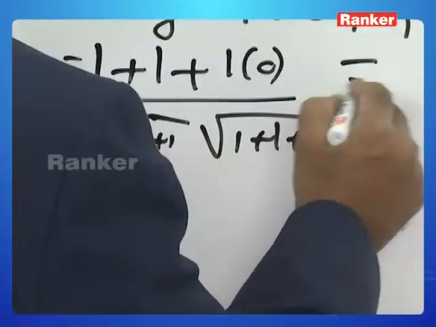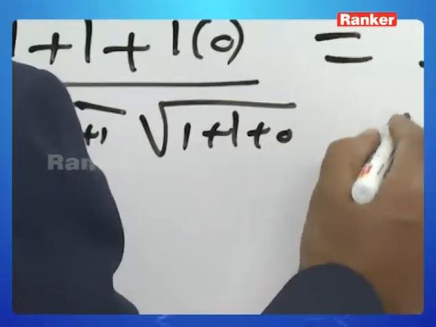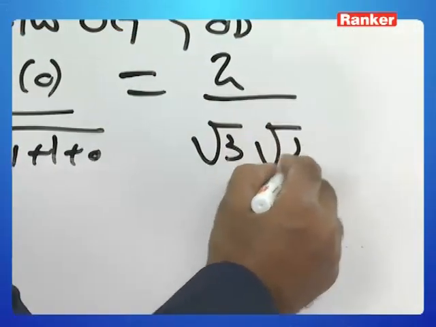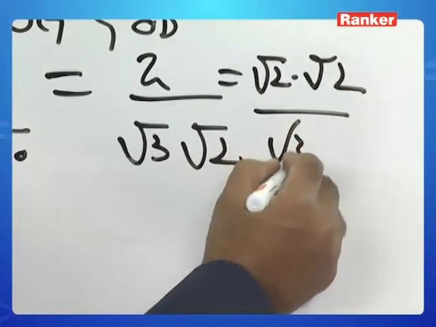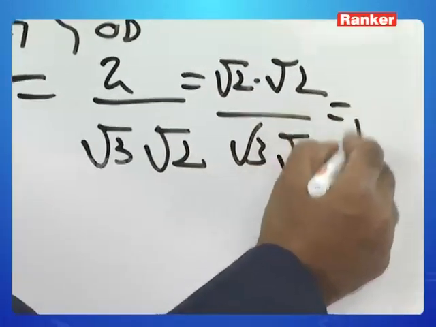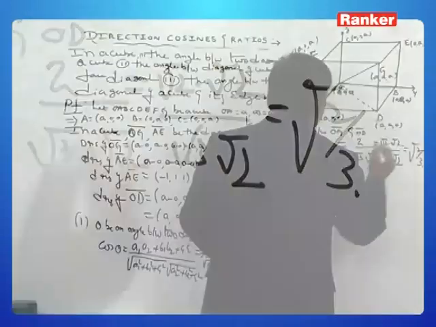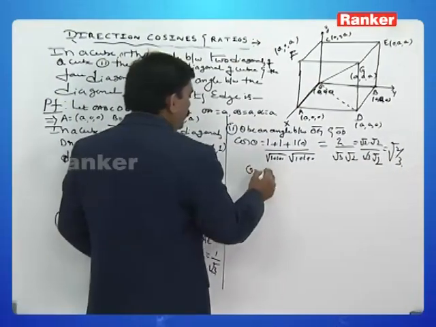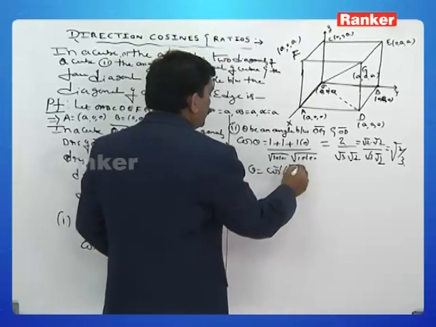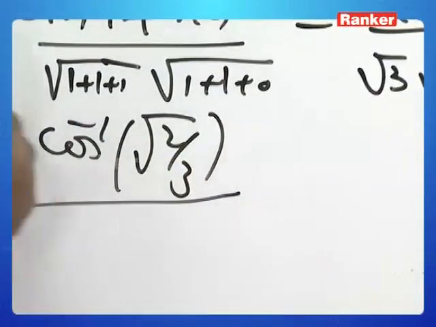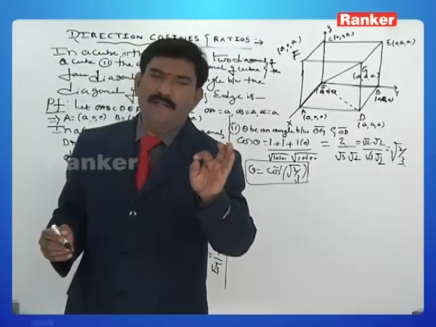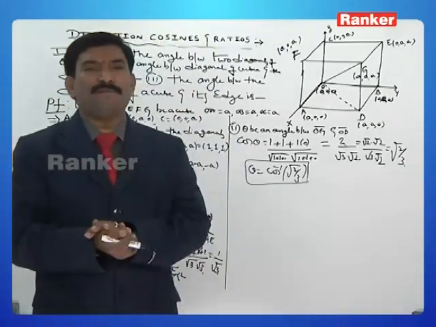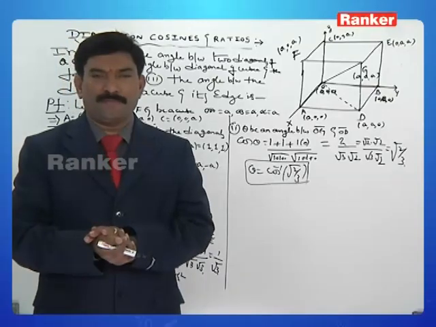Therefore, I can write 2 by root 3 into root 2. I can write root 2 into root 2 by root 3 into root 2. Nevertheless, I can write this as 2 by root 3. Therefore, theta is equal to cos inverse of 2 by root 3, which is the angle between the diagonal of a cube and a face diagonal.